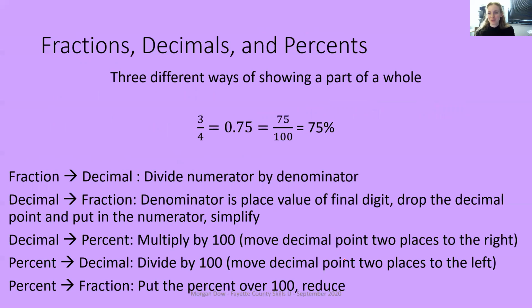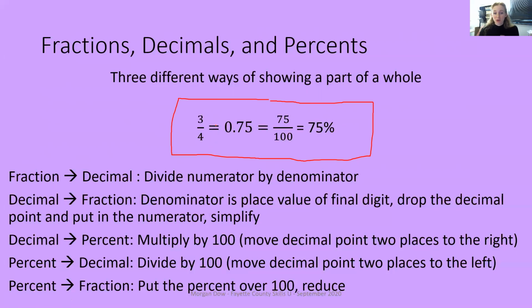So fractions, decimals, and percents are three different ways of talking about the same thing, parts of a whole. And I've got an example up at the top here. We were just talking about 75%. So the fraction 3/4 means the same thing as 0.75 as a decimal, which means the same thing as 75 out of 100 or 75%.